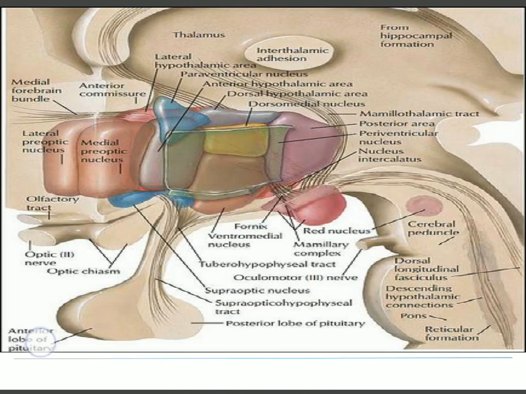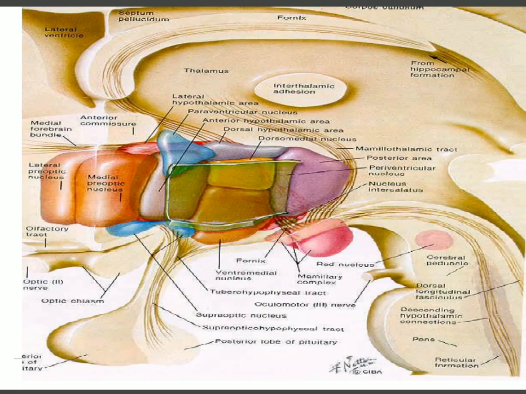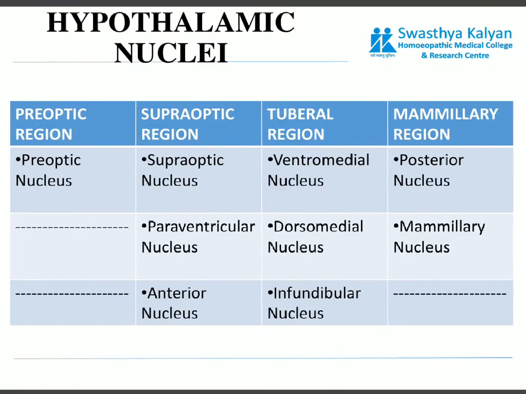This is again showing the various nuclei present in the hypothalamus. They are involved in different types of functions. So the various hypothalamic nuclei are as follows. The nucleus located in the preoptic region is named after that region, that is the preoptic nucleus.